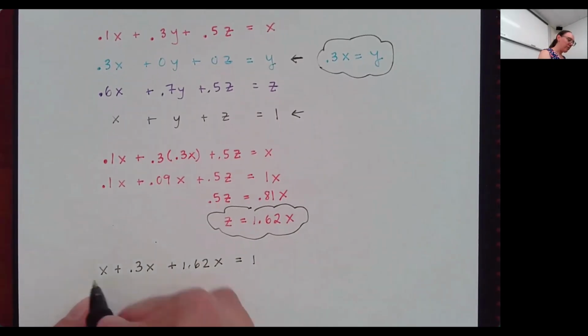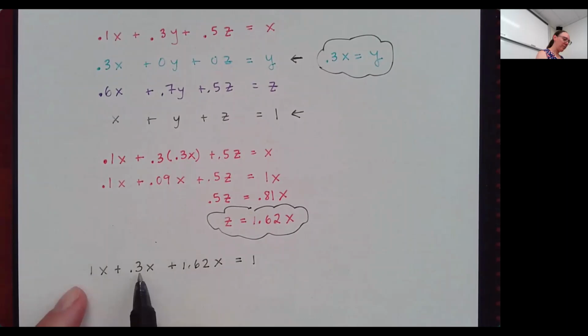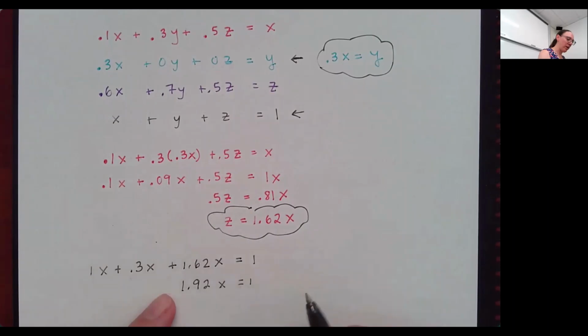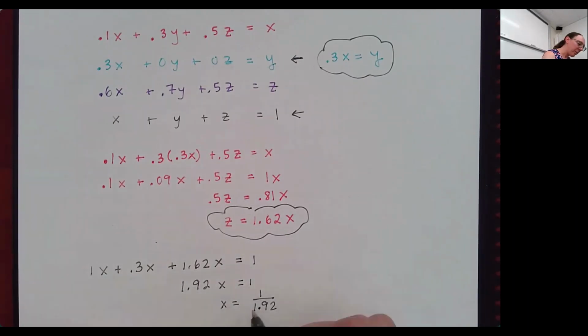So that's 1.3 plus 1.62, so 2.92x would be equal to 1, which would give me x is equal to 1 divided by 2.92.